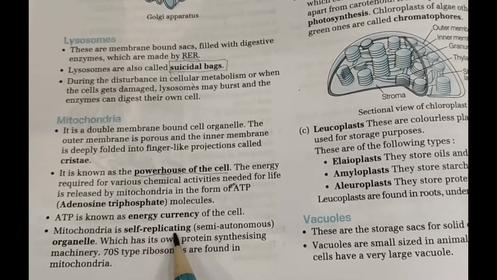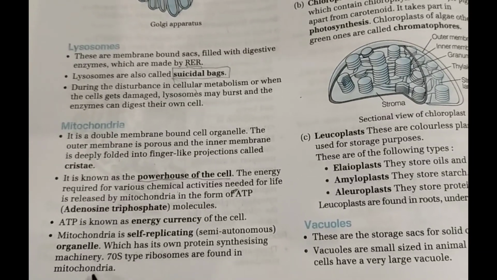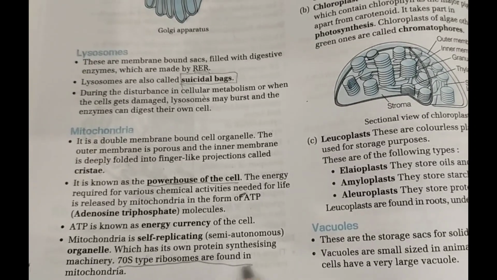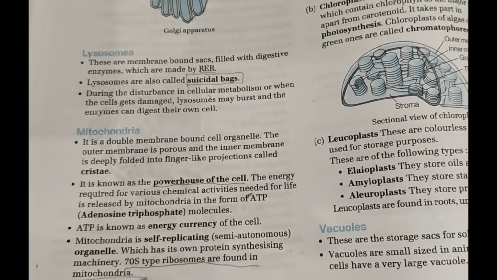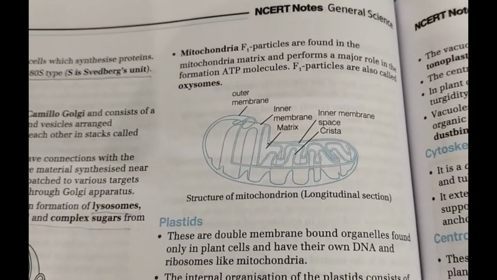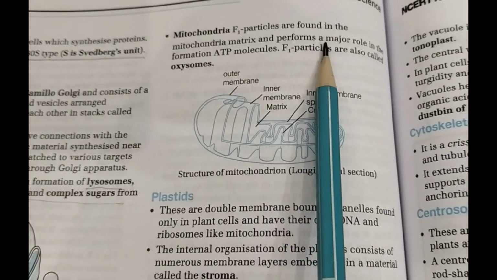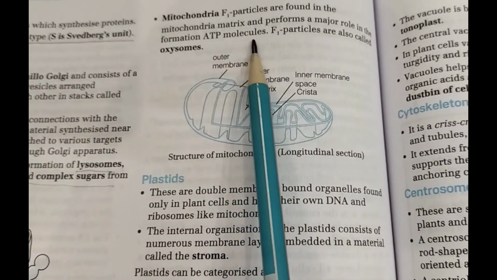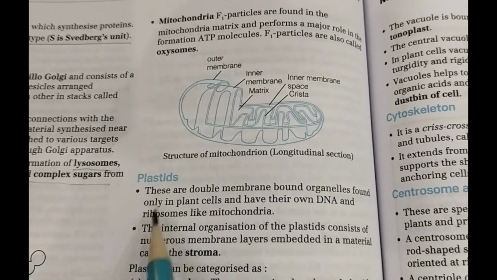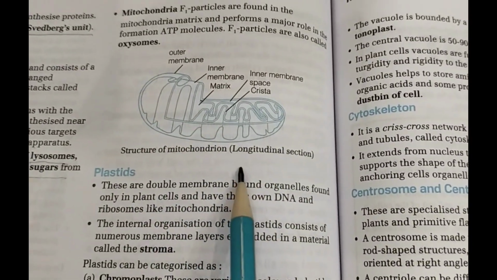Mitochondria is a self-replicating semi-autonomous organelle which has its own protein synthesizing machinery. 70S type ribosomes are found in mitochondria. कौन से ribosomes में found होते हैं? 70S. ये देखिए, mitochondria F1 particles are found in the mitochondrial matrix and perform a major role in the formation of ATP molecules. F1 particles are also called oxysomes. ठीक है, इसका आप डायग्राम देख सकते हैं, स्ट्रक्चर ऑफ माइटोकॉन्ड्रिया.